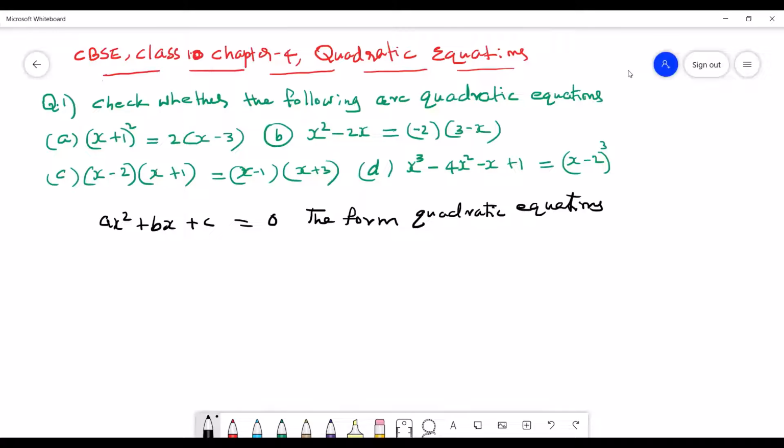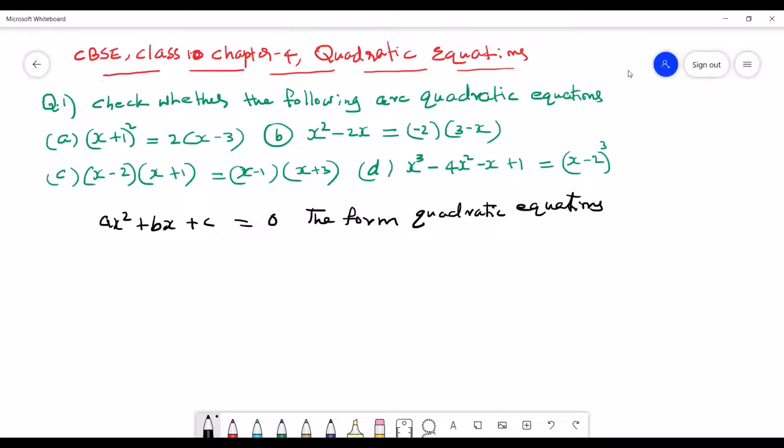In an earlier class, we studied that if the power is 1, we call it a linear polynomial. If the power is 2, we call it a quadratic polynomial. If the power is 3, we call it a cubic polynomial. The quadratic equations are somewhat like a quadratic polynomial.